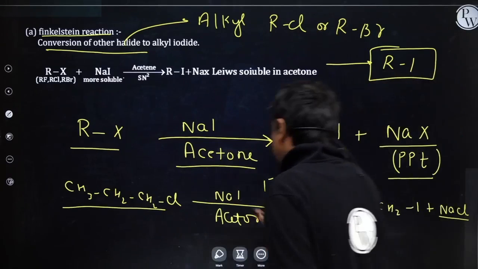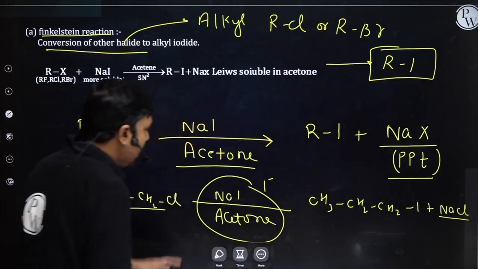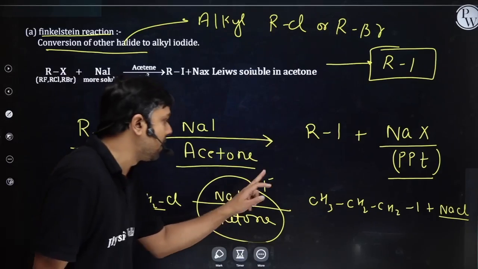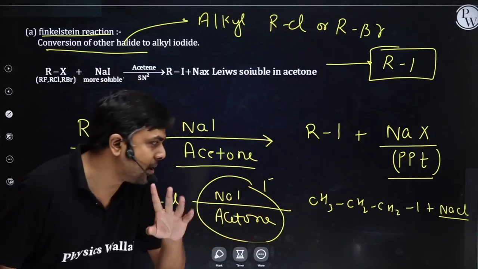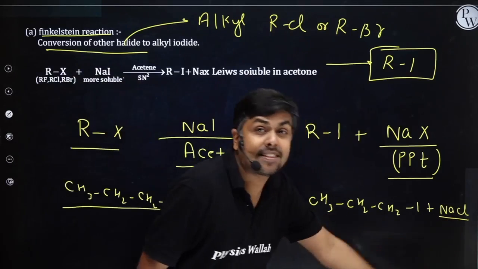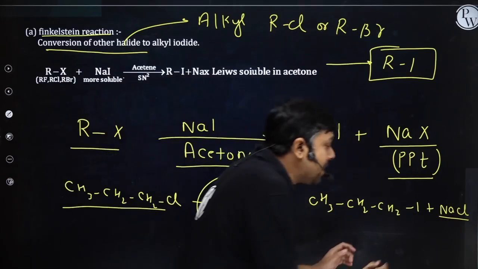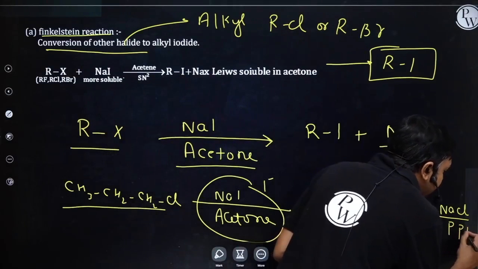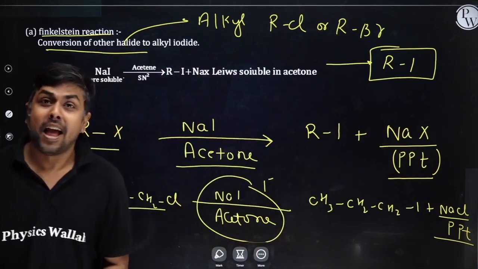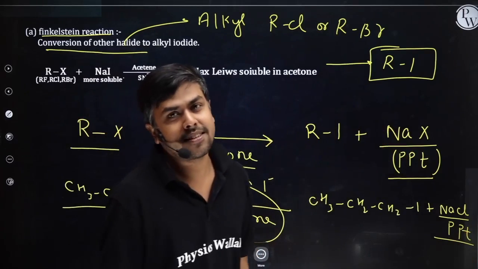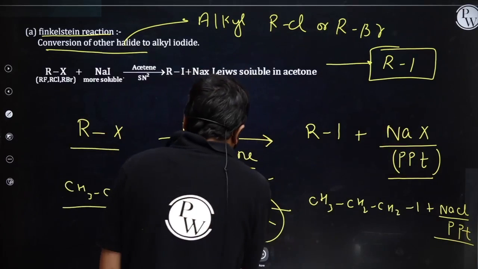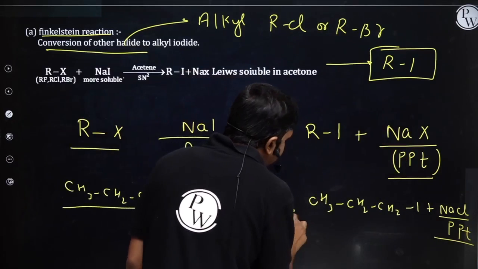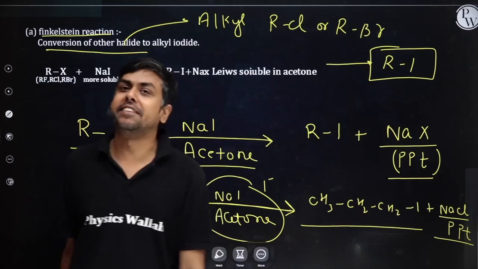Now, this NaI is soluble in acetone. As soon as it is soluble in acetone, it will act as a source of I minus. But this NaCl is insoluble, so I will have the formation of precipitate of this NaCl. And student, precipitation reaction is irreversible reaction, so the reaction will progress in this particular direction easily.